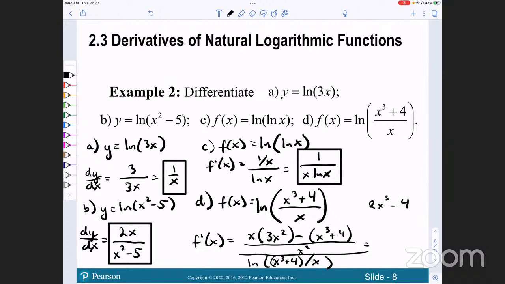We could factor out a 2. And then on the bottom, the x squared is going to go in front of this natural log of the original.